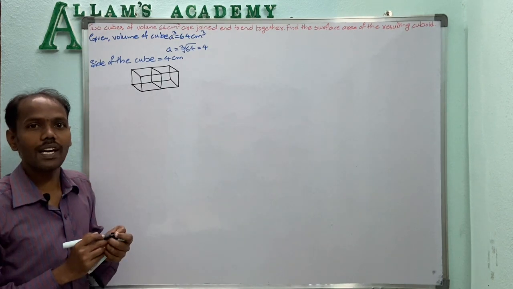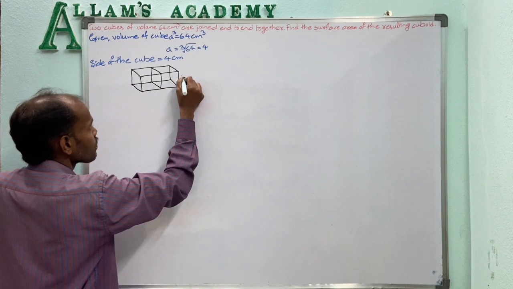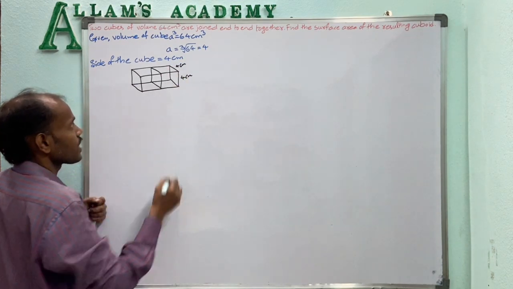Here two cubes are joined, each with 4 centimeters. So here it is 4 centimeters breadth and 4 centimeters height.